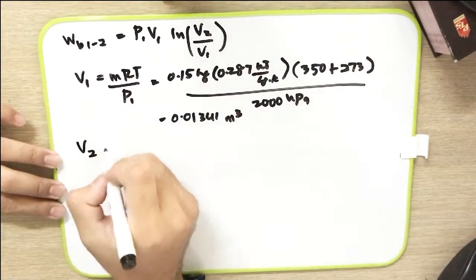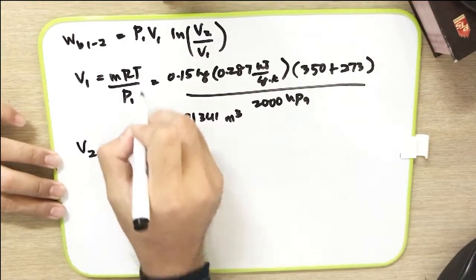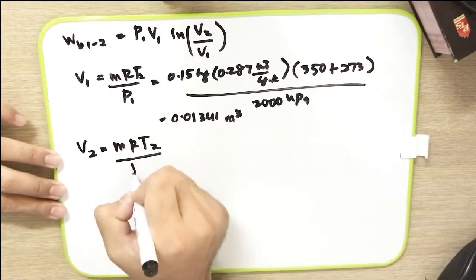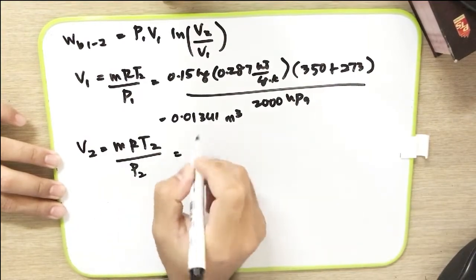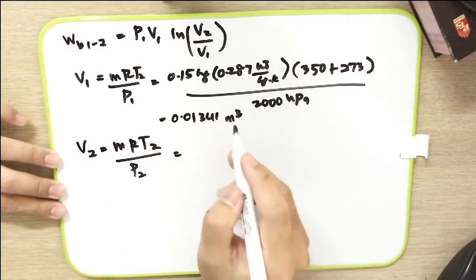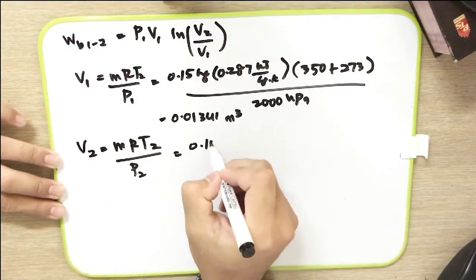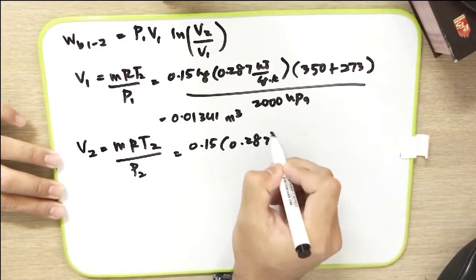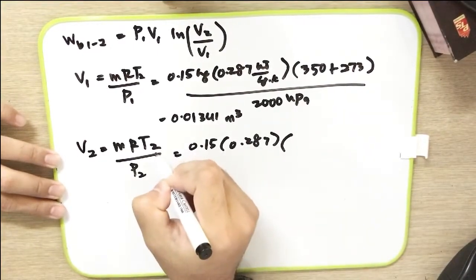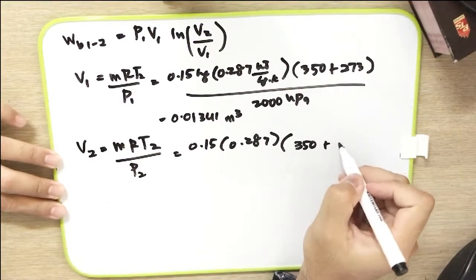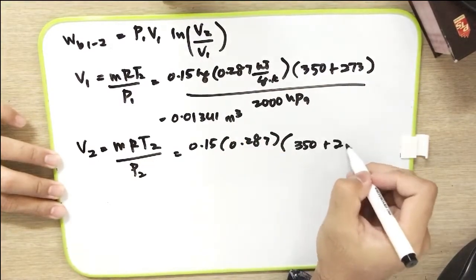Next, we need to find V2. We still use this equation, mRT2 over P2. The mass m we can still use because the mass will not change. So 0.15, 0.287, and T2 is still 350 plus 273 Kelvin because it is isothermal, right?